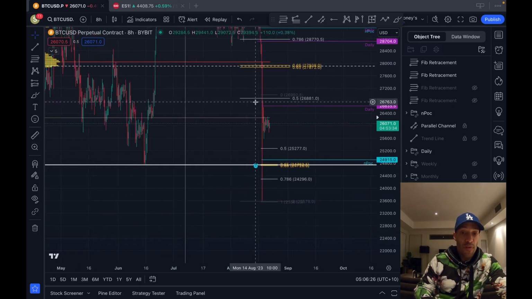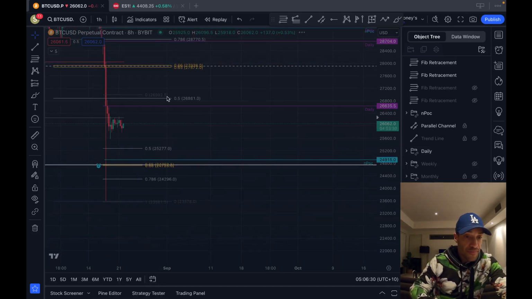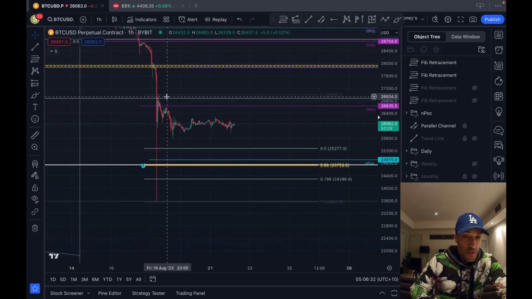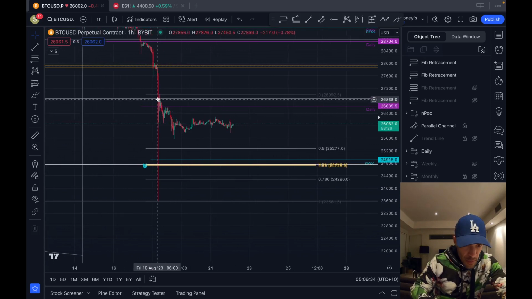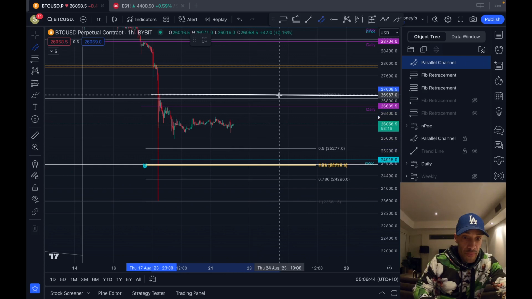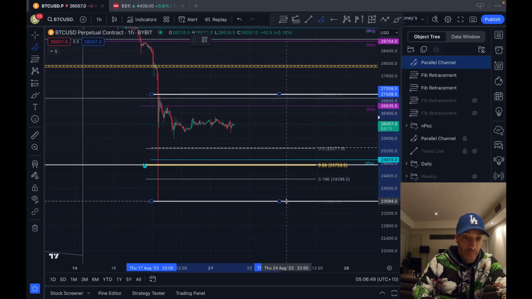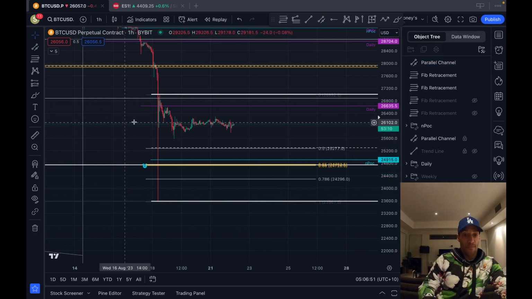Also, the 0.5 Fibonacci, as you can see, I'll just zoom in for you. The 0.5 has to be respected because we have this. This is a range here, guys. Look, I'll just show you quickly. This is a range that we are currently in, right?